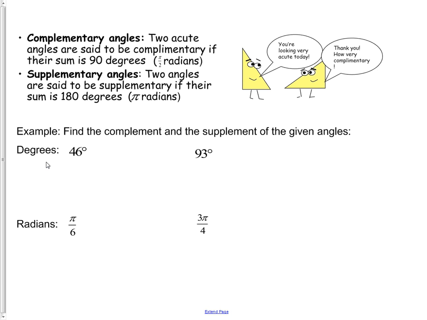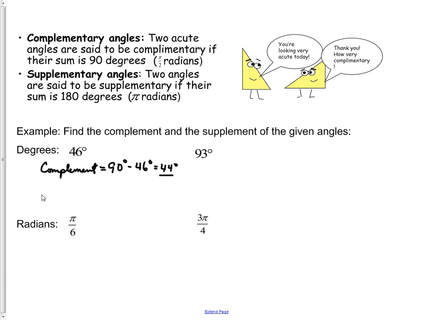My complement for the angle will be found by subtracting from 90 degrees. So 90 degrees minus 46 degrees, well, that's going to give me 44 degrees. Right, so the complement is 44 degrees.